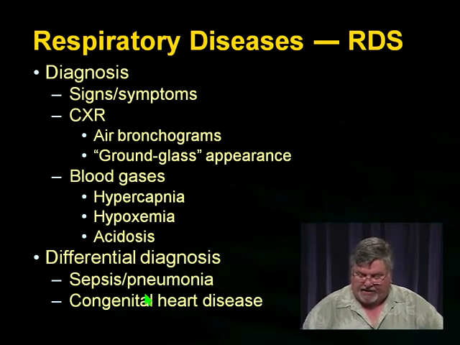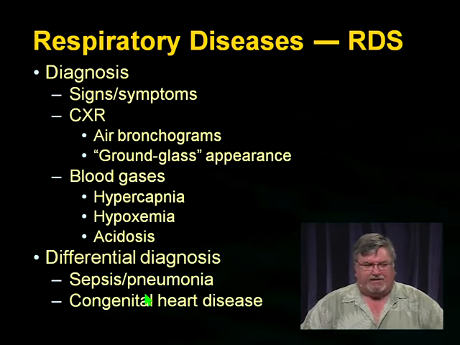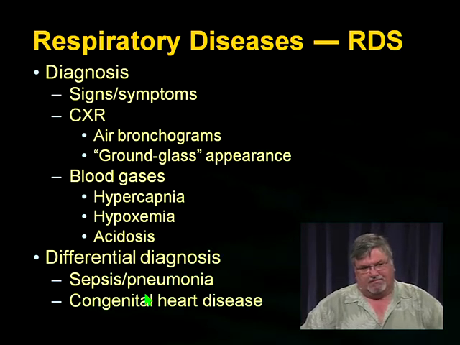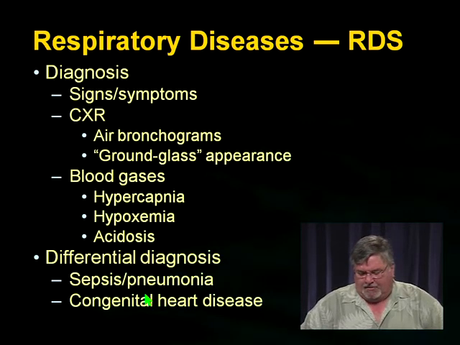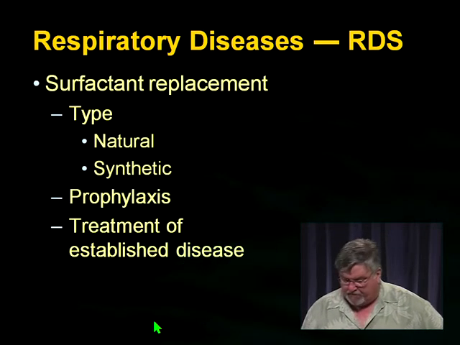The differential diagnosis generally is one of sepsis and pneumonia. If you're a neonatologist, sepsis is always second on your list for anything. Like, you know, baby abnormal cry, septic. Mother cute, septic. Congenital heart disease is also on the differential diagnosis for respiratory distress syndrome.